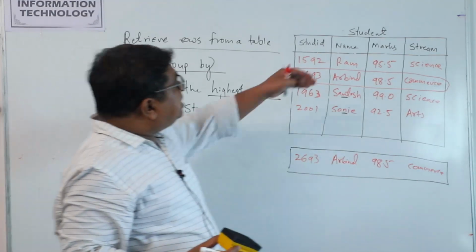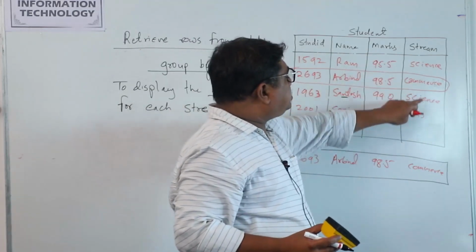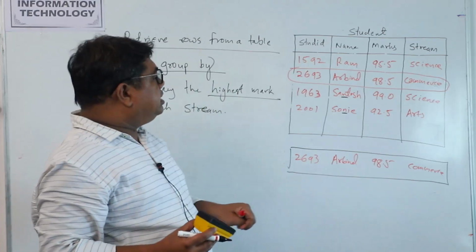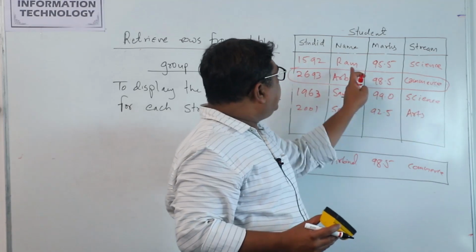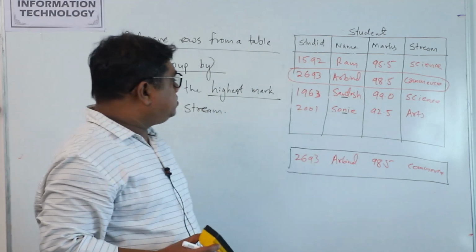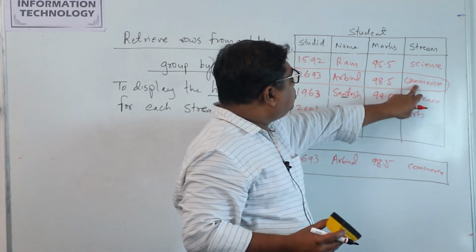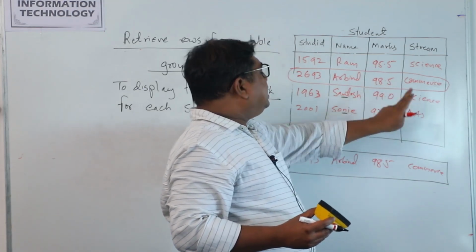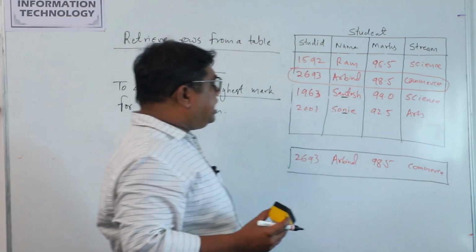That means there are 3 streams in the college: science, commerce and arts. And I want to display the highest mark. In science, we have 2 students, Ram and Santosh, and the highest mark is 99.0. For commerce, we have a single row and the highest is 95.5. And for arts, we have 92.5. There are no more rows with arts.